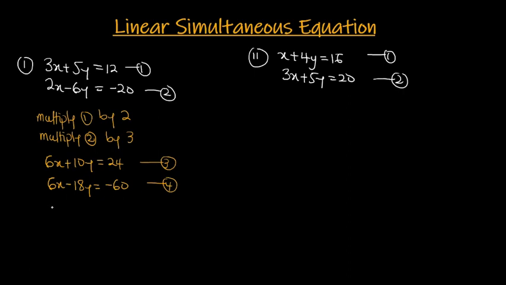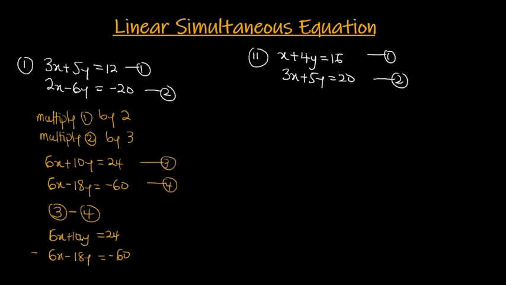From here, I can see, okay, so equation 3 minus equation 4. So that will give me 6x plus 10y is equal to 24 minus 6x minus 18y is equal to negative 60. Right. So 6x minus 6x will give me 0x, so I can leave that.